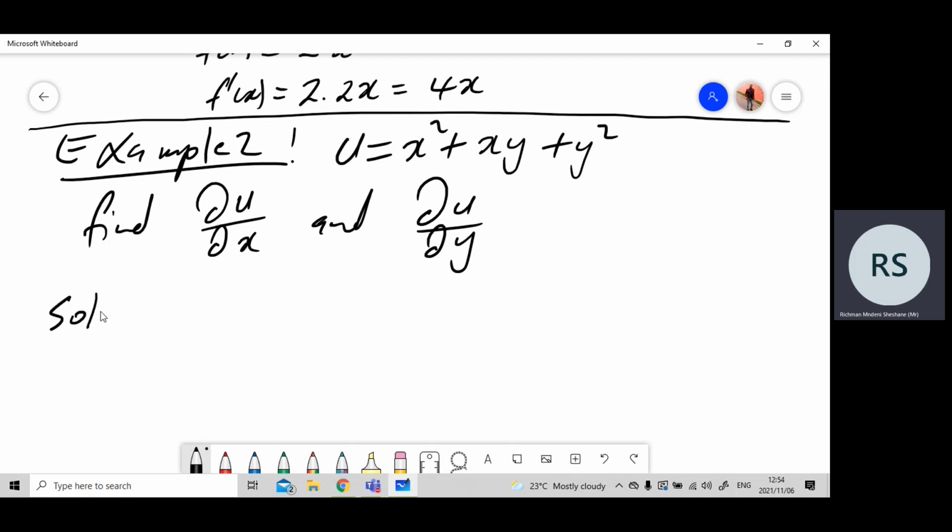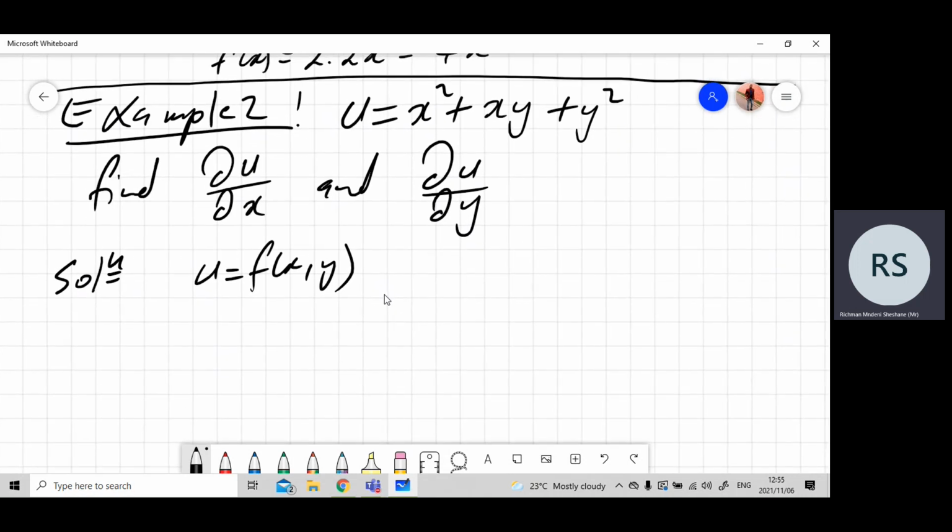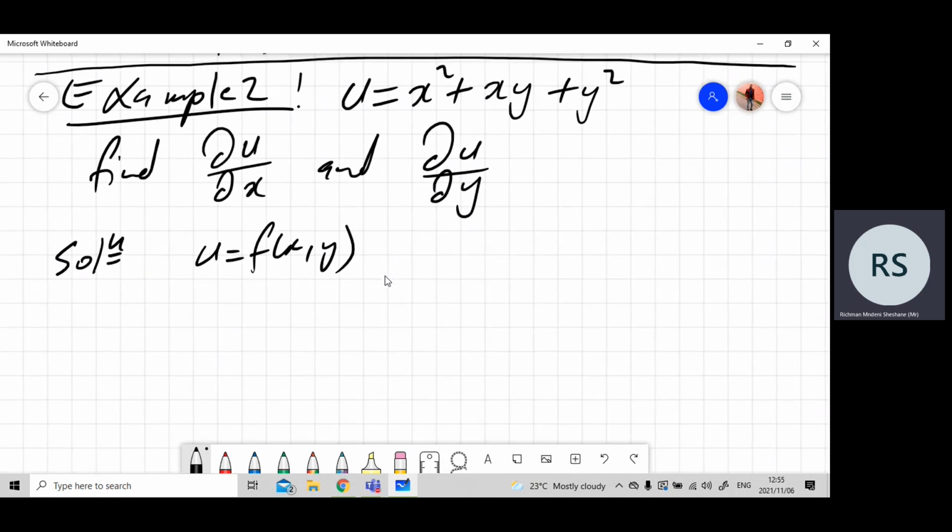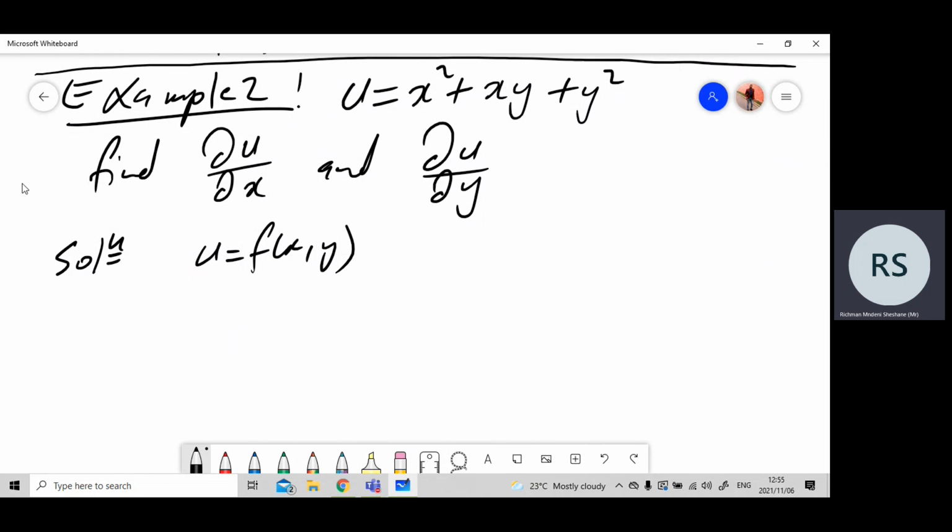So a solution, you see u is a function of x and y in this case. So that's why we deriving this using partial derivative, because it's a function of two variables. So the partial derivative of u with respect to x is going to be, so we're deriving x.